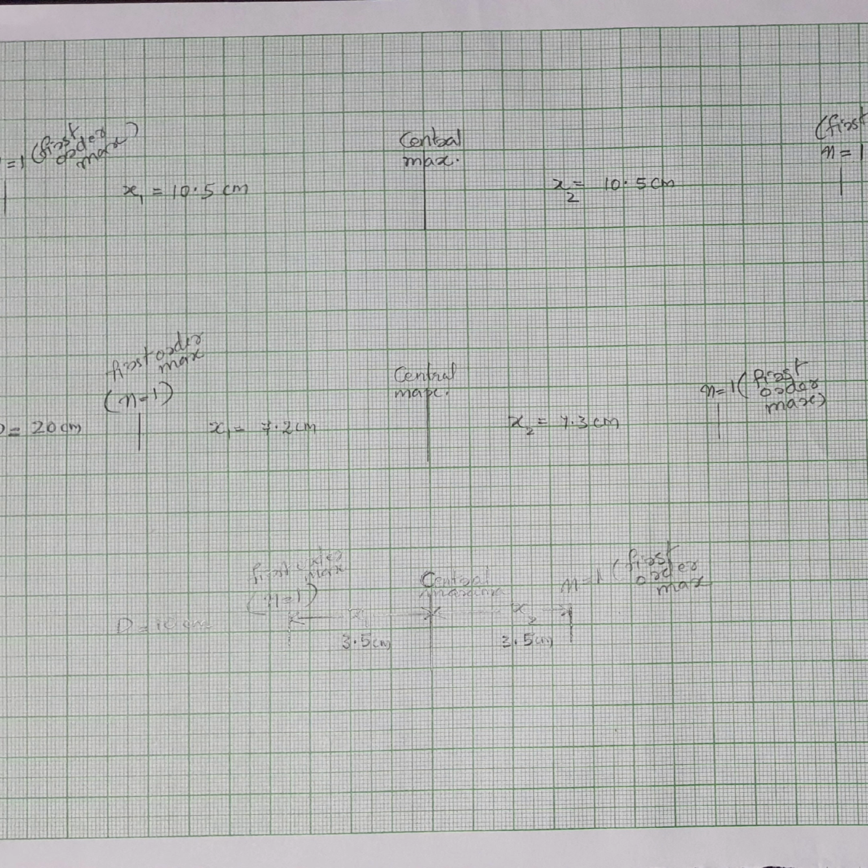So you have to take the average, x1 plus x2 divided by 2, so that we get x, and you can use the formula sin theta is equal to x divided by root of x square plus d square to find the angle of diffraction corresponding to D equal to 10 centimeter. And similarly, you can tabulate the readings corresponding to D equal to 20 and D equal to 30 centimeter, and you have to find theta in each case.